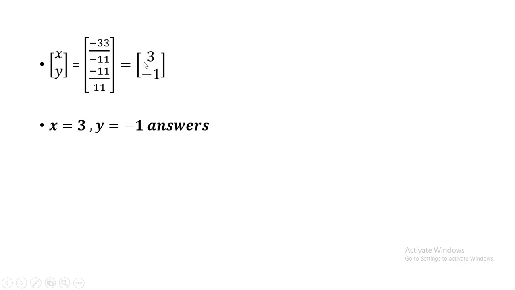They both are equating each other: the first row first column of this side will be equated to the first row first column of this side. The second row first column of the variable matrix is equal to the constant of multiplication that we got afterwards, that is -1. So this is how you get your answer. x equals 3 and y equals -1.